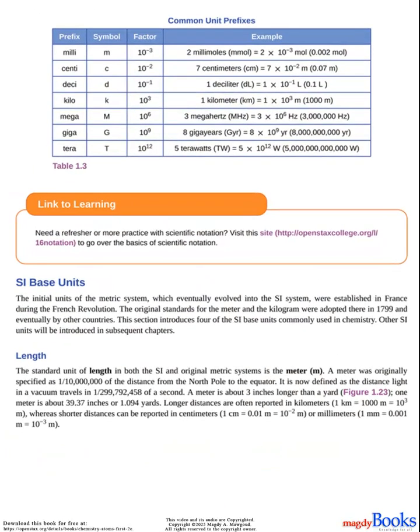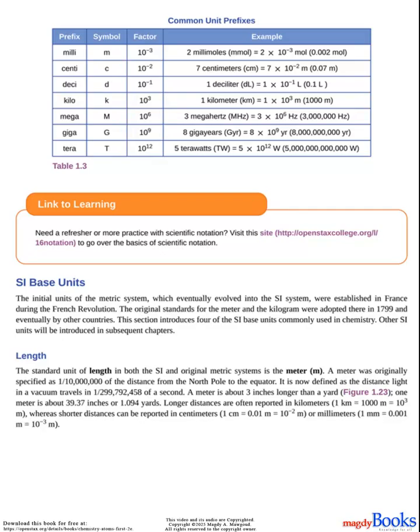5. Milli, m, 10 to the power of negative 3. 2 millimoles, mmol, equals 2 multiplied by 10 to the power of negative 3 moles. 6. Centi, c, 10 to the power of negative 2. 7 centimeters, cm, equals 7 multiplied by 10 to the power of negative 2 meter. 7.